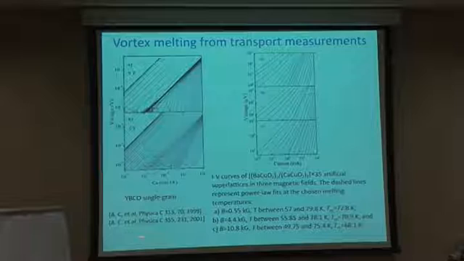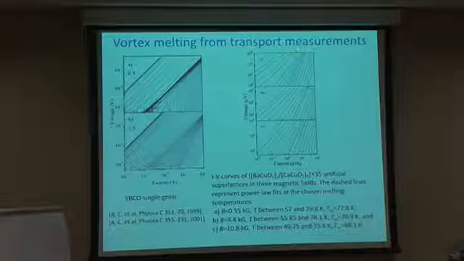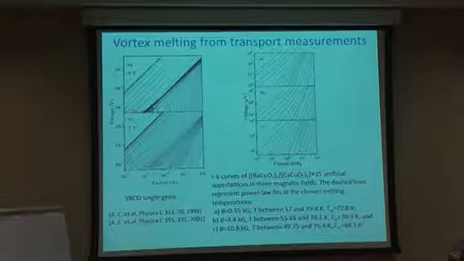This work has been done in Southampton, and this has been done in Rome 2 years after that. Here you see that's the vortex melting line between vortex solid and vortex liquid.